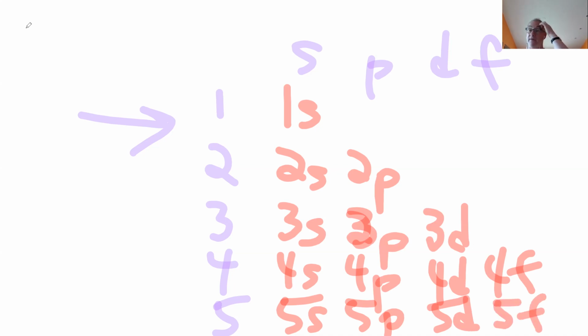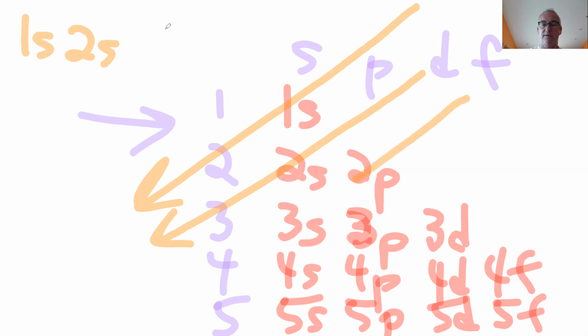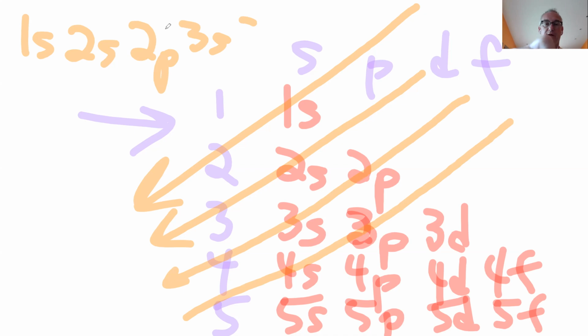So when we want to know the order we fill them in, we use diagonal lines to figure it out. We start going in this direction. Our first is 1s, and then our second, 2s. Our third, 2p. And then 3s, and then 3p and 4s.